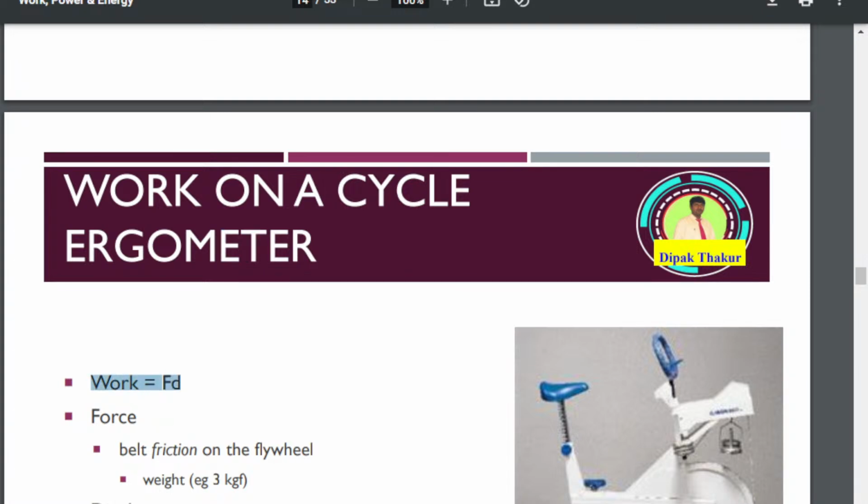Here work equals force into displacement. Now force, we know, is the belt friction on the flywheel, for example 3 kgf. The displacement is the revolution of a pedal, say 6 meter.